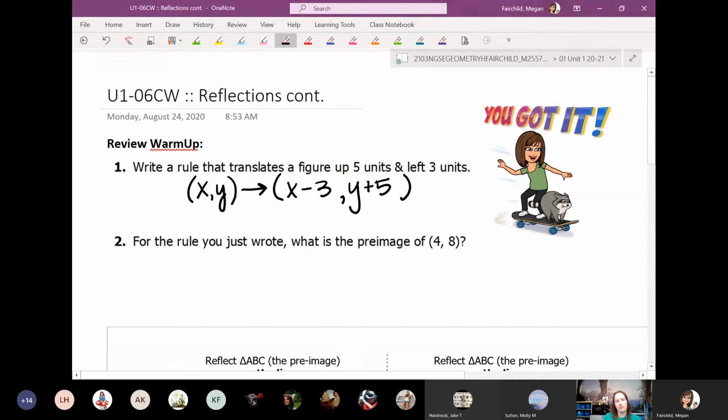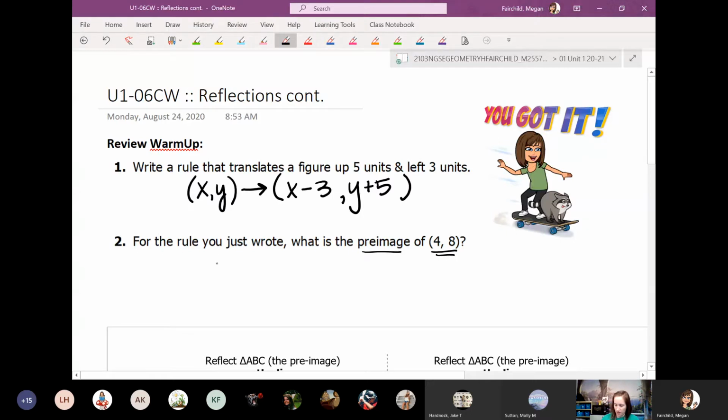All right, now for the next one, they're asking us to figure out if we have an image point of 4, 8. Okay, remember, image means that's the second one, right? That's not what happened first. So what's the pre-image?